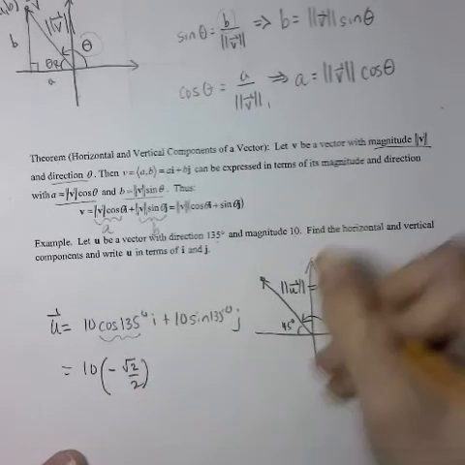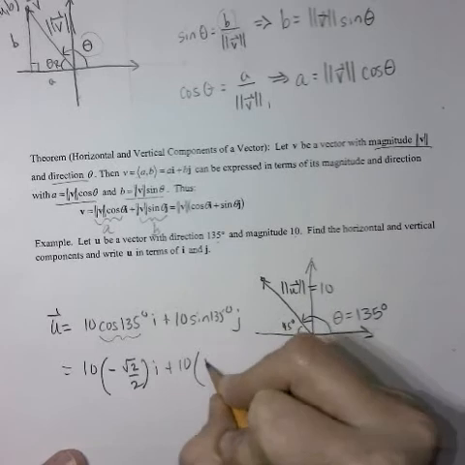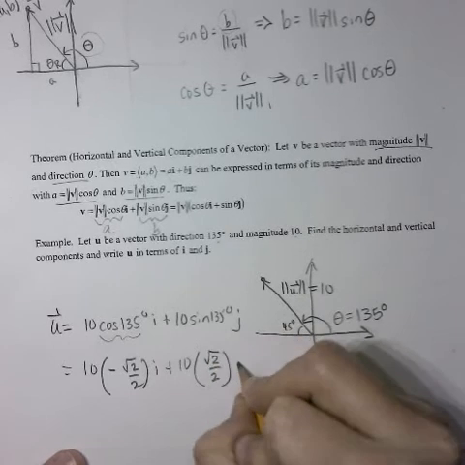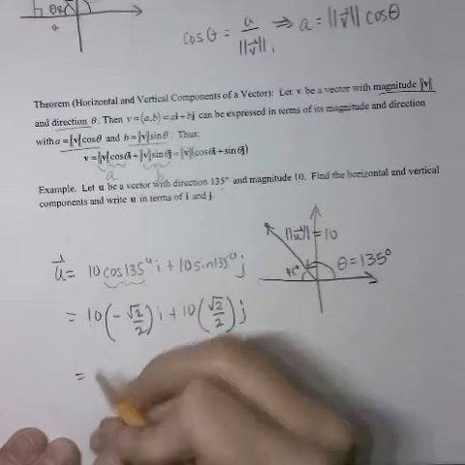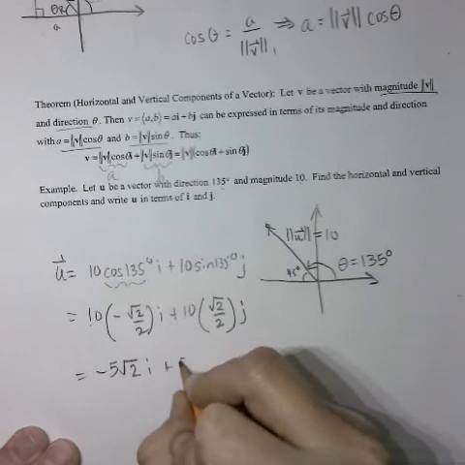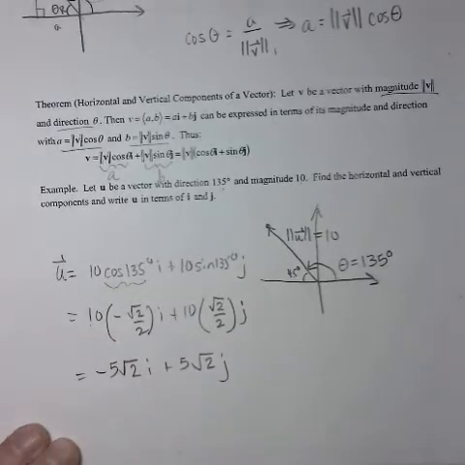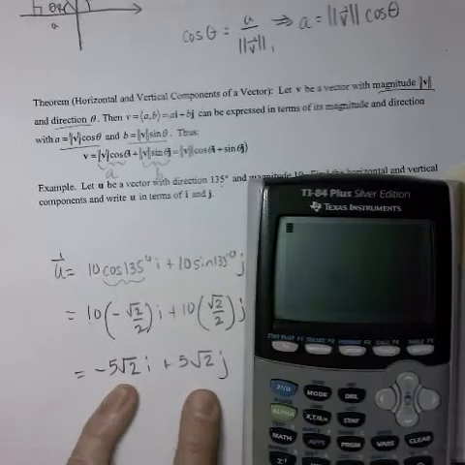Cosine is negative in the second quadrant, and sine is positive, so positive square root of 2 over 2. So 2 goes into 10 5 times. We get negative 5 radical 2 i plus 5 radical 2 j. And so what that is telling us, of course, let's see, what's 5 radical 2?